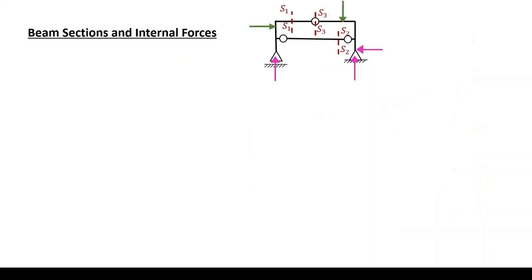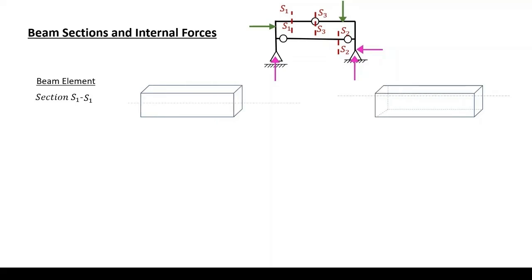Beam sections and internal forces. Again, we have our frame, section S1. S1 is a section in the beam element. The section cuts our beam element into a left part and a right part.